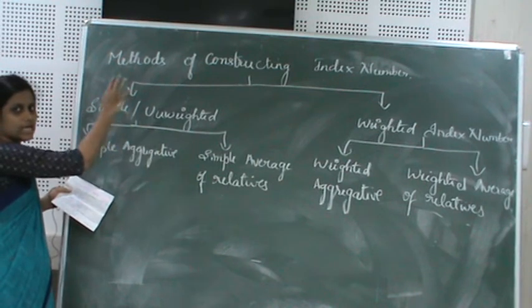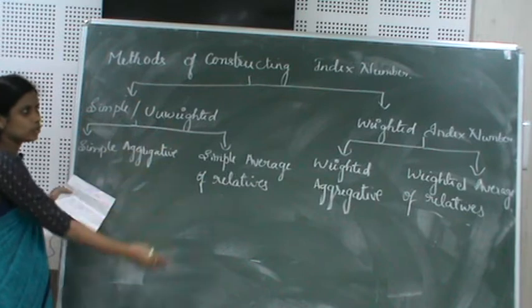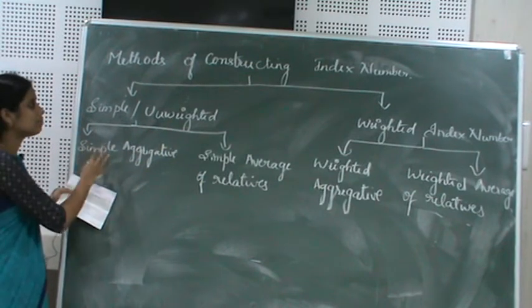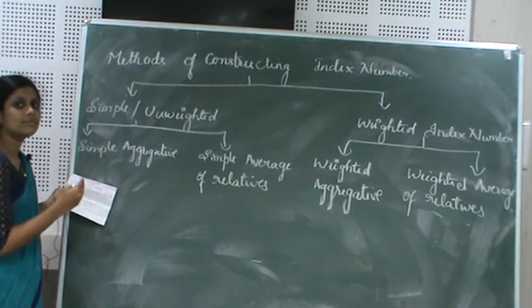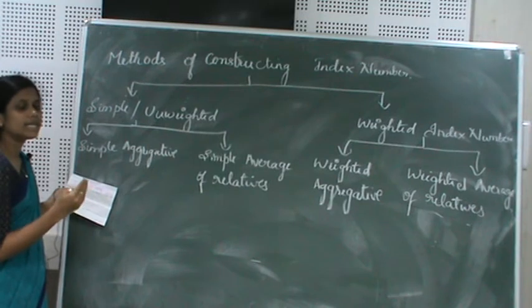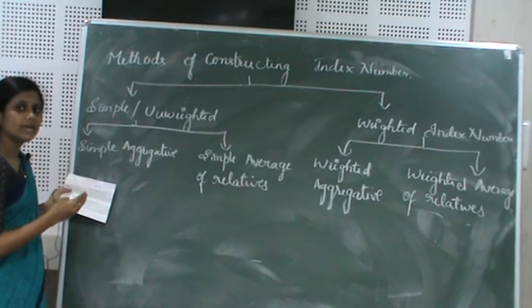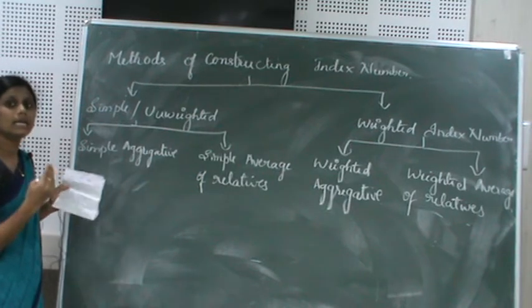Methods are broadly classified into two: simple or unweighted index number, and weighted index number. In simple or unweighted index number, each and every item is treated as having equal importance, whereas in weighted index number, items are given weights depending on their relative importance.